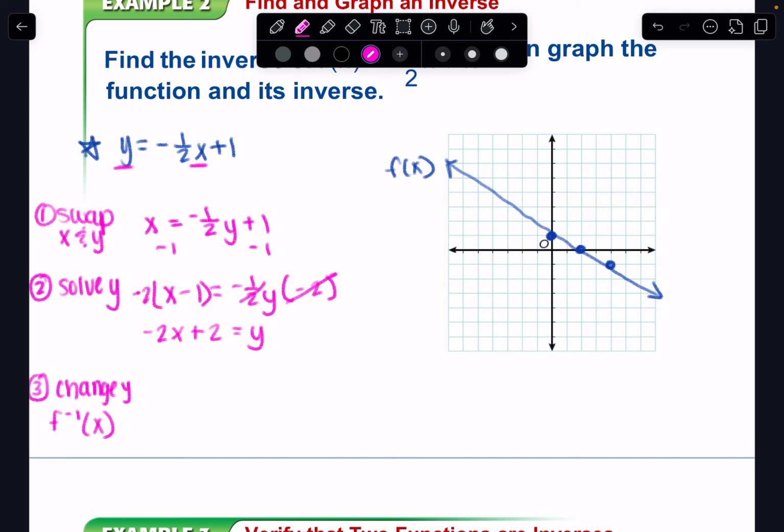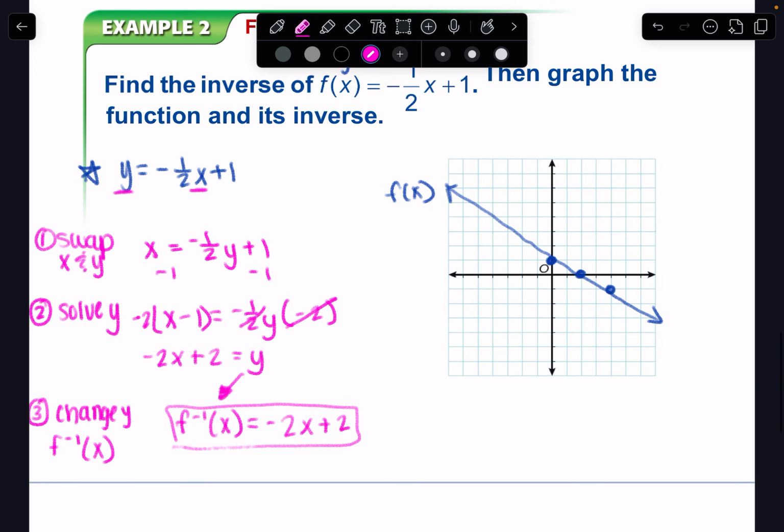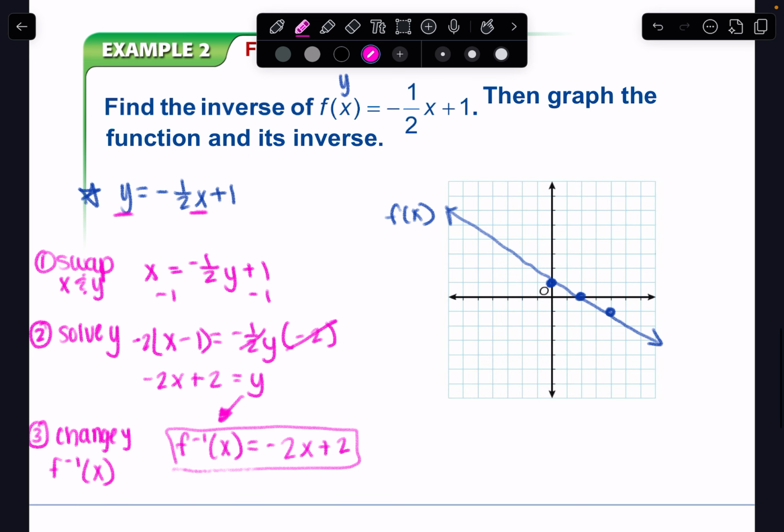So whenever I did the original, this is now the inverse of that. So I would just simply rewrite it so f negative 1 of x is equal to negative 2x plus 2. So my y is replaced with that. This is part of your answer because you do have to find the inverse. That's what the very first thing says, is to find the inverse. So this is your answer to that first part.